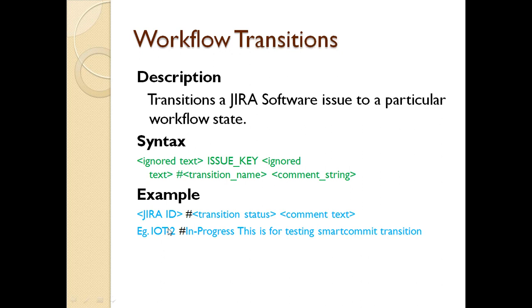So the JIRA ID is IoT2, and then the status is in progress, and then this is a comment. It will automatically move IoT2 to in progress, and then add a comment: this is for testing smart commit transition in this particular JIRA ID. So let's see the demo.